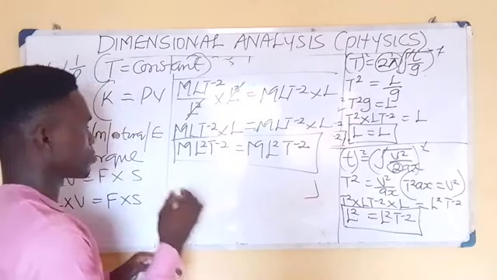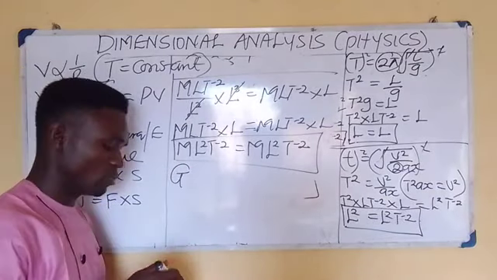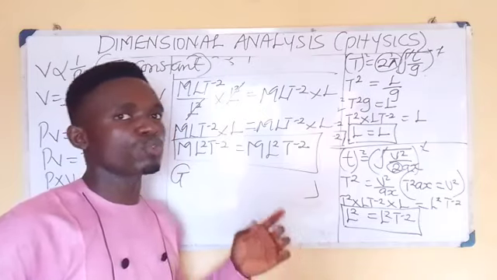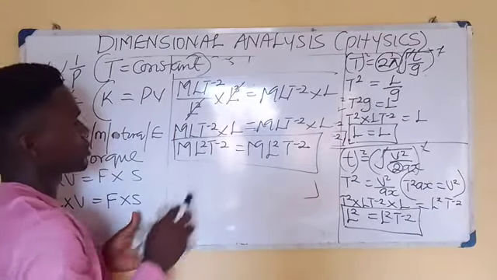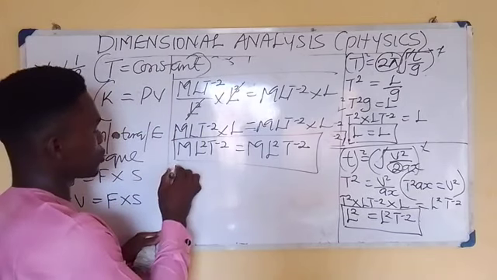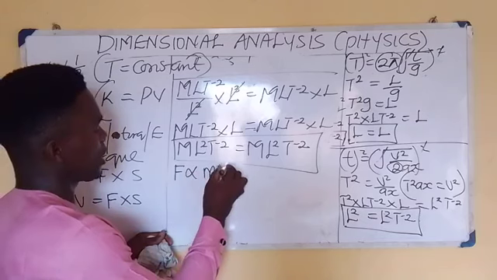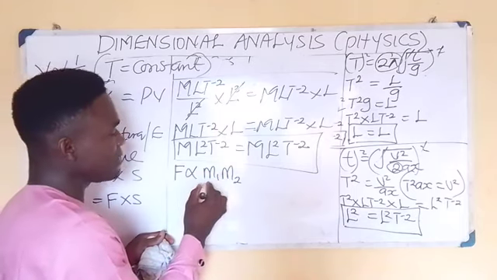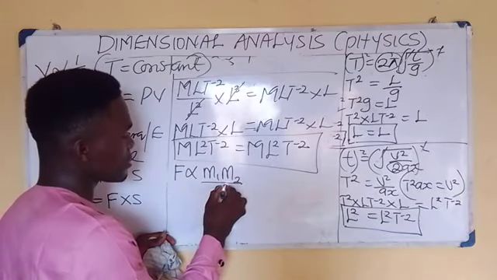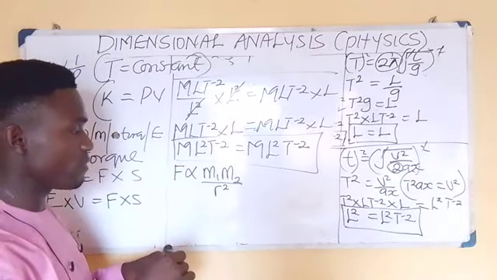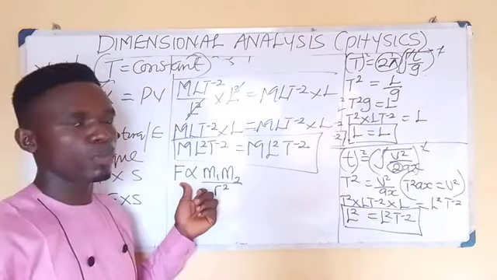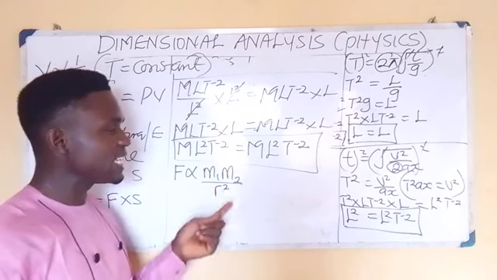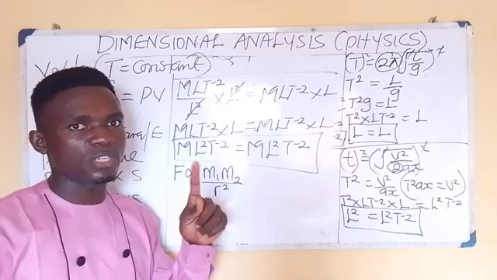What about Newton's universal constant? You know that Newton's universal law states that the force of attraction between two masses m1 and m2 is directly proportional to their product and inversely proportional to the square of the distance that separates them apart.